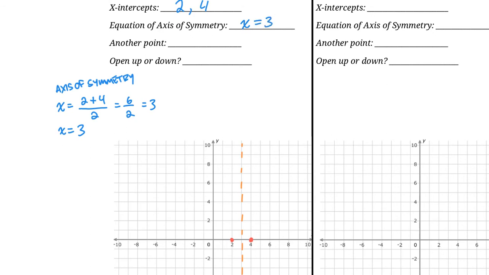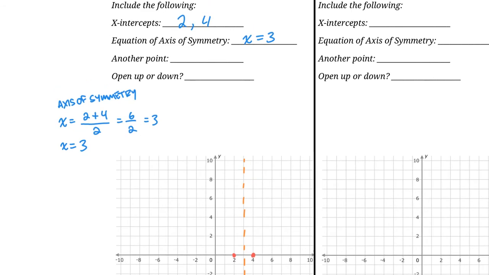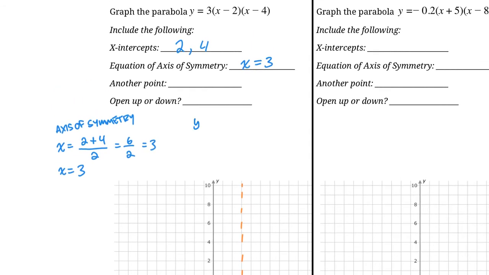And now let's find another point on the graph. We can use our axis of symmetry to find the vertex of our parabola. Remember, the x value in the vertex shares the same x value as our axis of symmetry. So if we just plug in this value for x into our quadratic, then we can find our y value. So our equation is y equals 3 times x minus 2 times x minus 4.